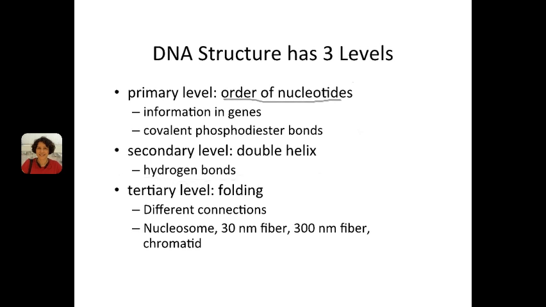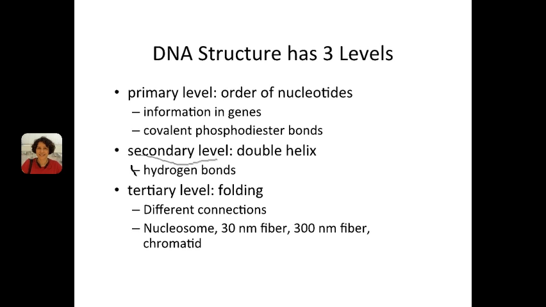The primary level is maintained by covalent phosphodiester bonds between the sugars and the phosphate groups on each single DNA strand. The secondary level involves the formation of the double helix, and it is what makes the double-stranded DNA molecule.